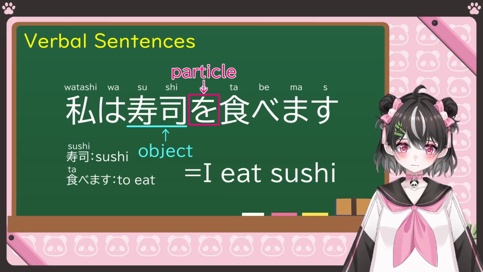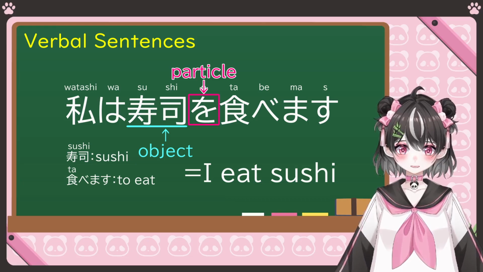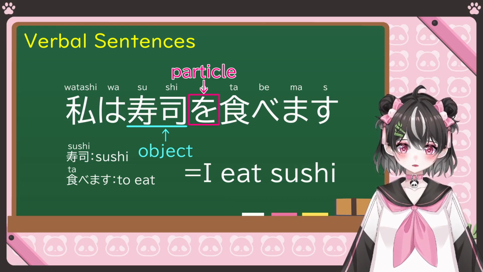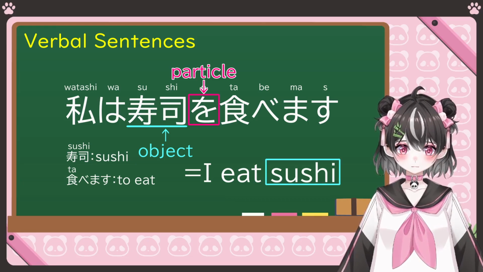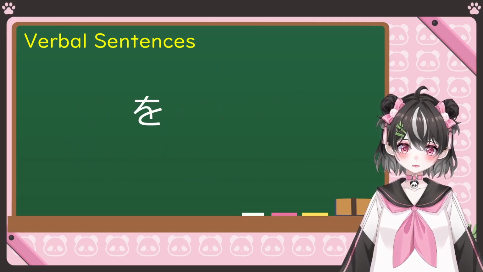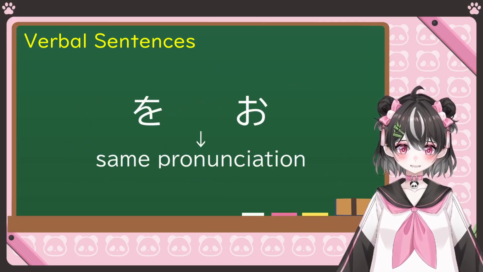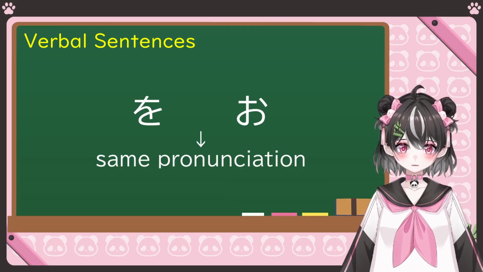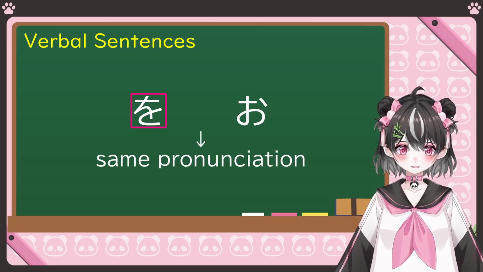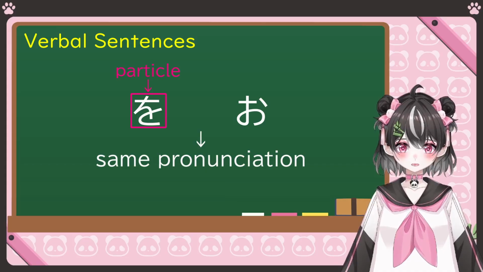Object is what the action is being done to, like sushi in this case. By the way, this お and this を are pronounced exactly the same. No difference. But this を is always used as a particle.